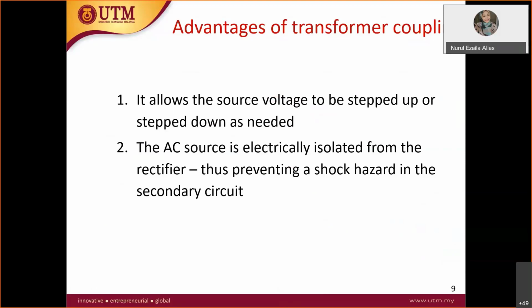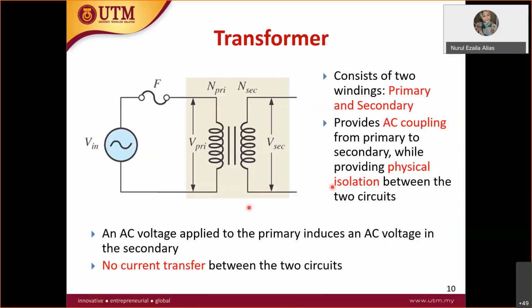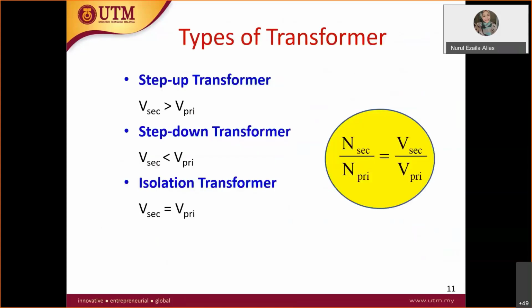The AC source is also electrically isolated from the rectifier, and this is to prevent a shock hazard in the secondary circuit. The secondary circuit here is after the rectifier, where you have other circuits outside the power supply. And then this is your transformer, so you know that's for a step up transformer.